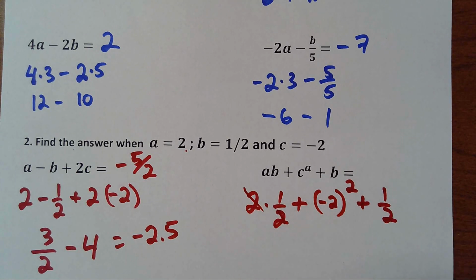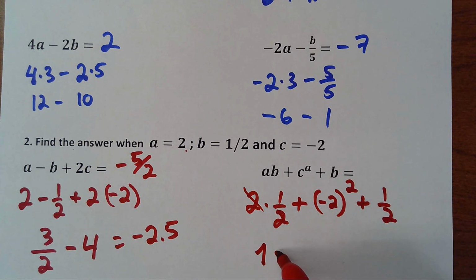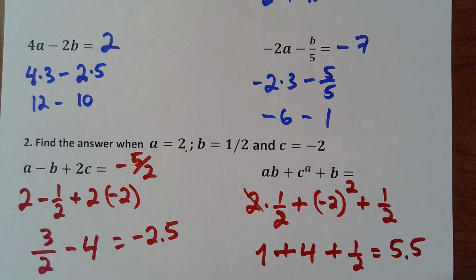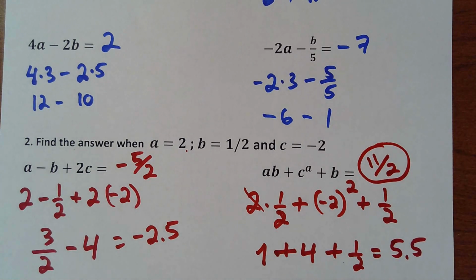Basically we simplify here, 2 with 2, that will be 1. Negative 2 raised to 2 means negative 2 times negative 2, which is 4 positive, plus 4 plus 1/2. So this is 5 plus 1/2 is 5.5, or 11 over 2 if you do it as a fraction. 11 divided by 2. So this is the answer here.